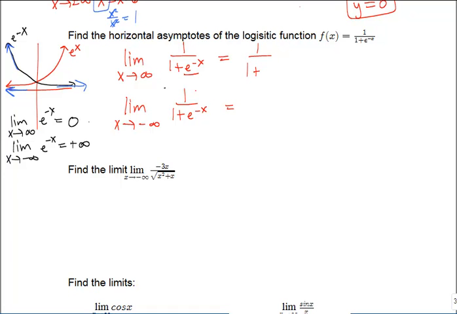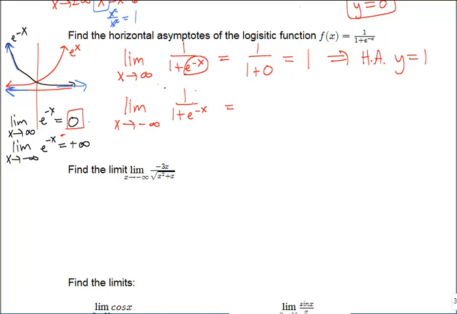And then here is where we're going to use these limits we had over here. The limit as x goes to positive infinity of e to the negative x, we said that was 0. So this is going to go to 0. So that means this is going to reduce and have an actual value of 1. So that means we have 1 horizontal asymptote with an equation y equals 1.